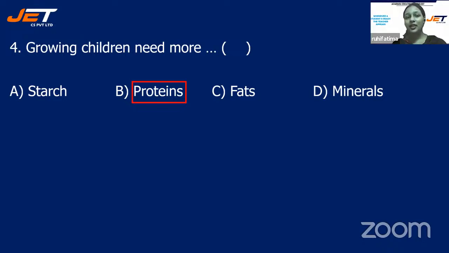Why proteins? Because proteins are the body building materials, they help in the growth of muscles and tissues, right? So proteins are required in growing children more.